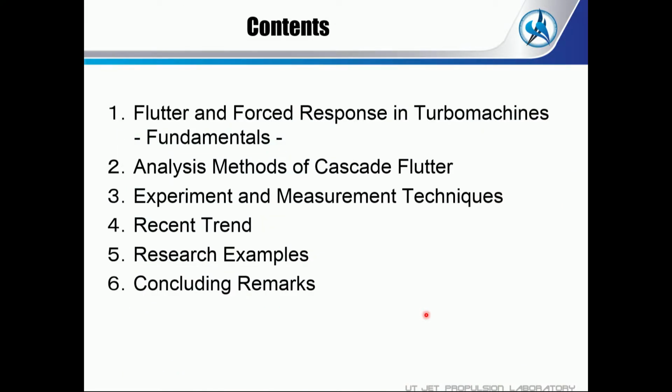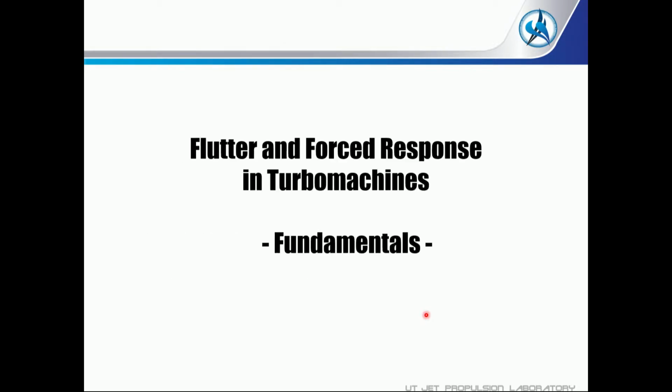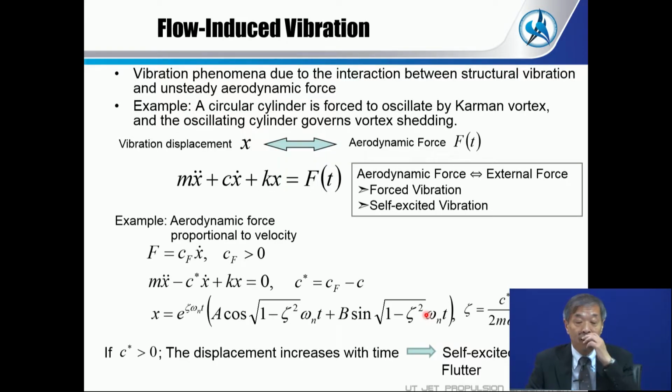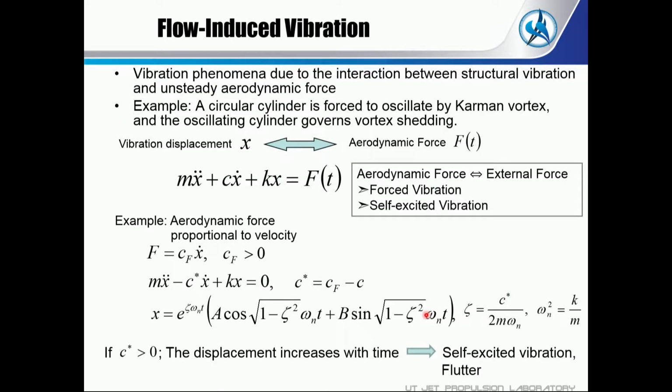Now let's move on to aeroelasticity. The first topic is flutter and forced response in turbomachines, fundamentals. We call it flow-induced vibration. It's the problem of aeroelasticity, a vibration phenomenon due to the interaction between structural vibration and unsteady aerodynamic force.